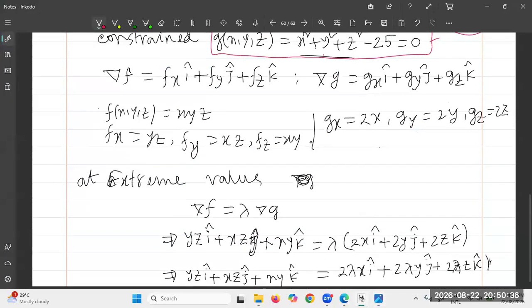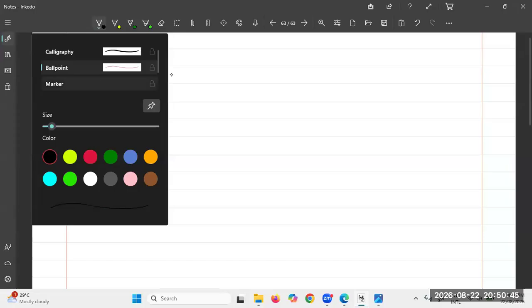So now our question is: find the extreme values of the function f of x, y, z. Extreme means minimum and maximum.